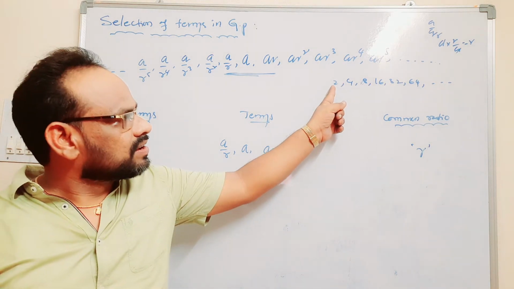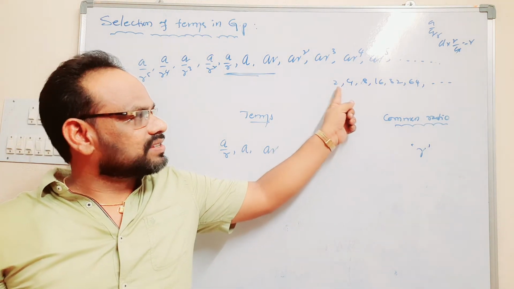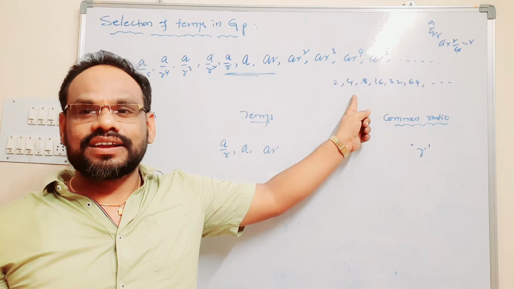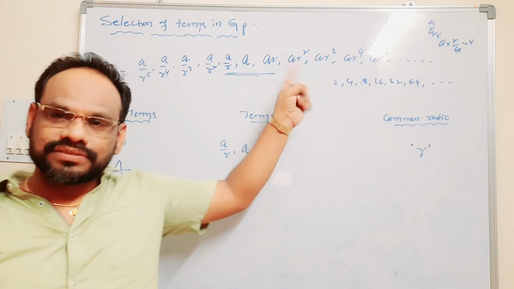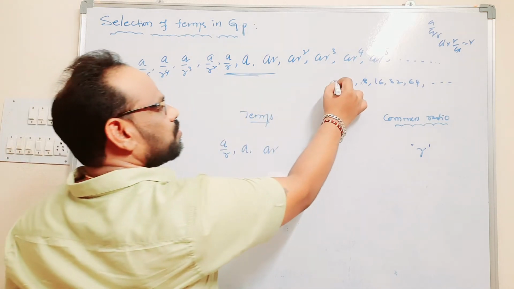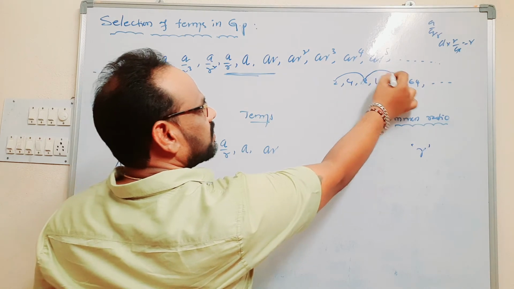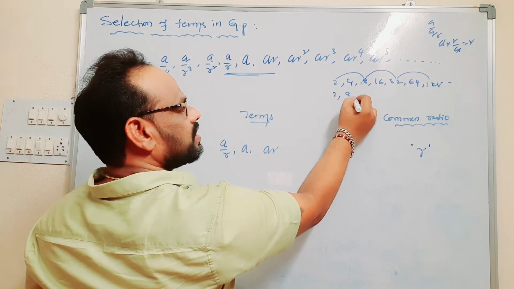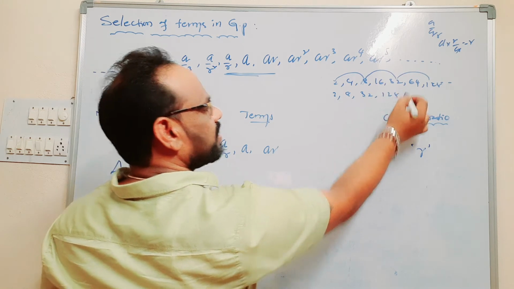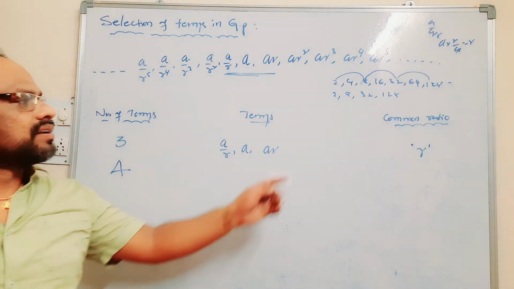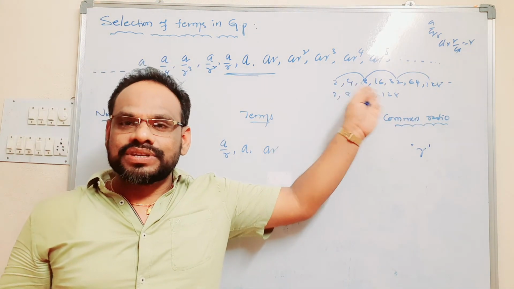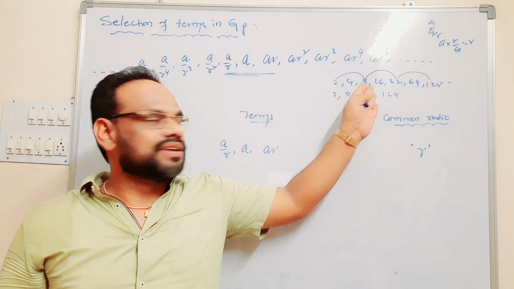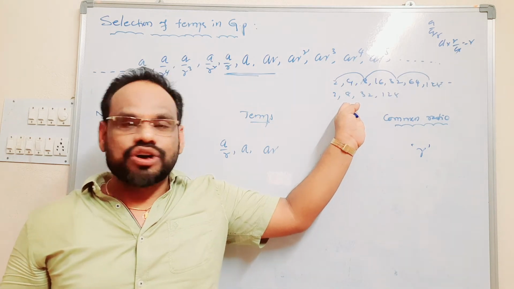If you select the terms at a regular interval, such as 2, 8, 32, and 128, then they also form a geometric progression.